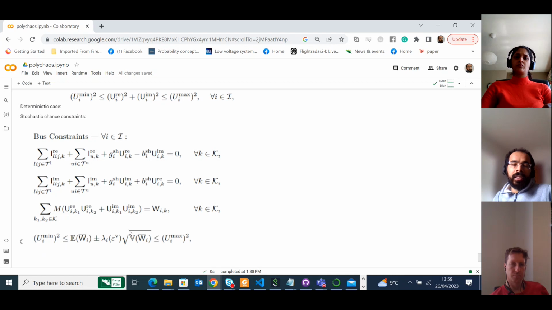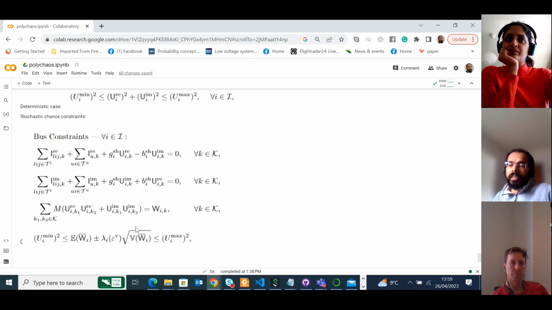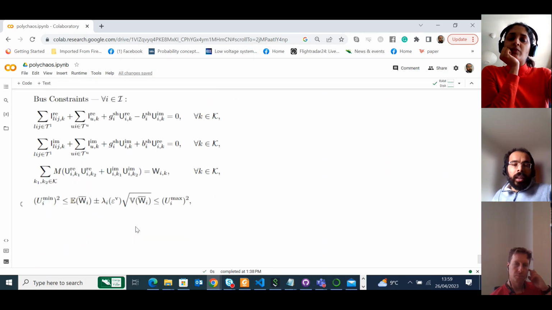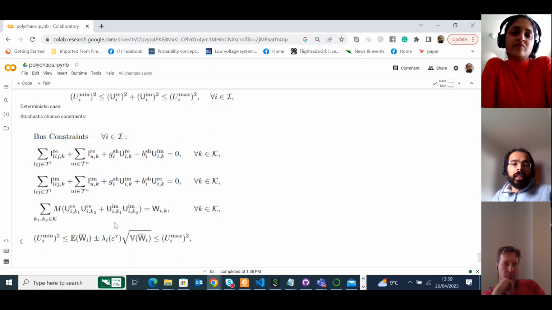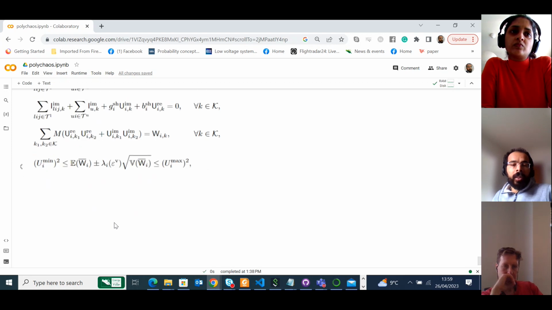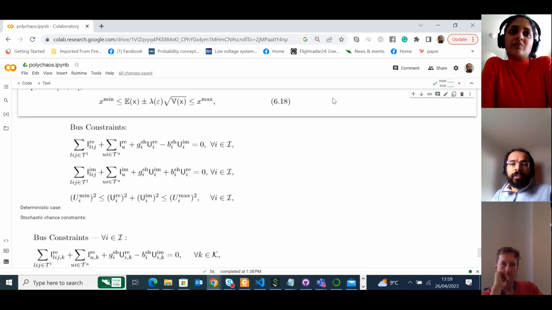These are all linear, or quadratic, but still, I think, equivalent to the non-linear AC power flow problem. So basically we reformulate all the constraints like this to get the actual OPF problem. This is the end of the theory here. Then I'll go for your questions.